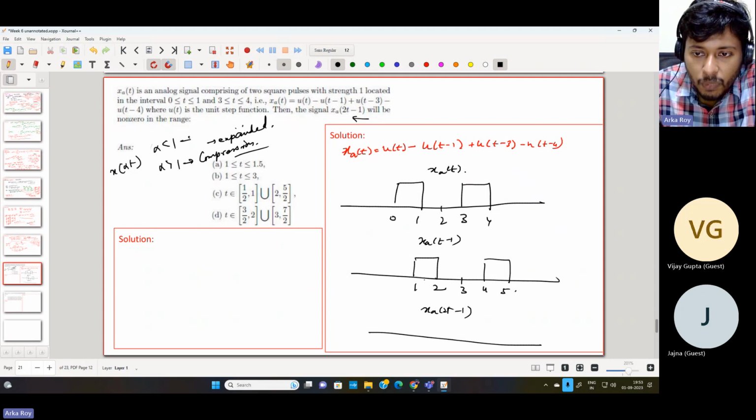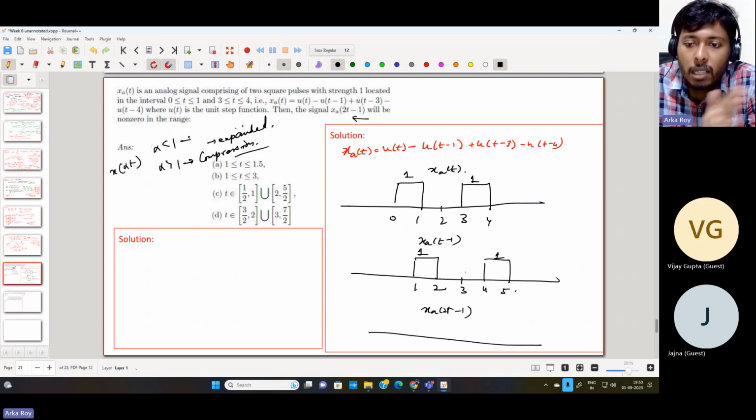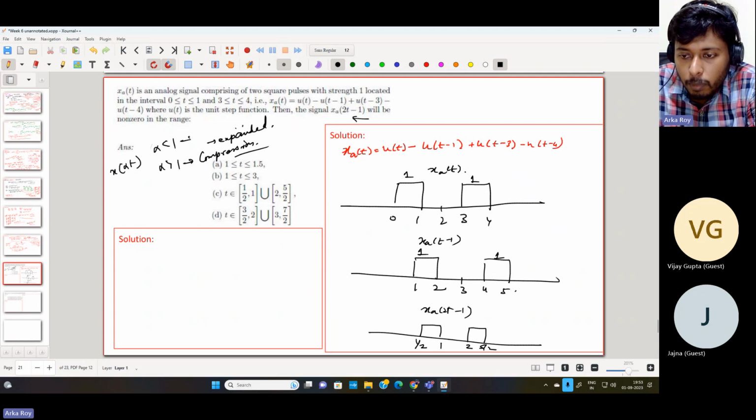So the amplitude is 1 in both the cases. However, with a multiplication of 2, that means scaling of time with 2 will basically reduce the pulse width by half. Therefore, each point will be divided by 2. So it will be 1, and then it will be 2 and 5 by 2.